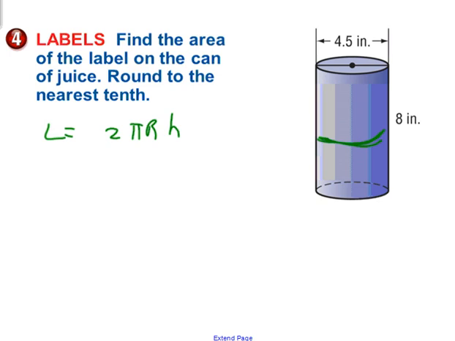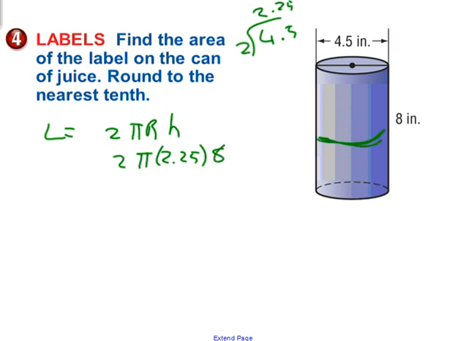So it's 2 times pi times the radius, which is 4.5, the diameter, divided by 2, so 2.25. Let's get it correct here. 2.25 times the height of 8.